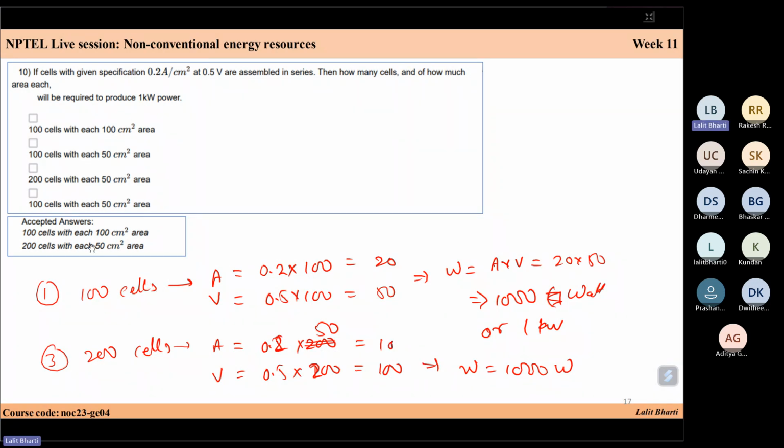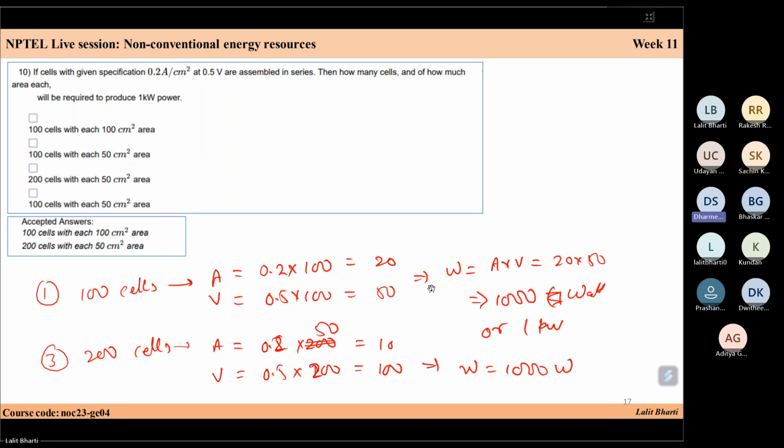But here your area is 50 centimeter square. So you can get two combinations now: 100 cells each with 100 centimeter square area, and 200 cells each with 50 centimeter square area. In both cases, you will get 1 kilowatt or 1000 watts of power.